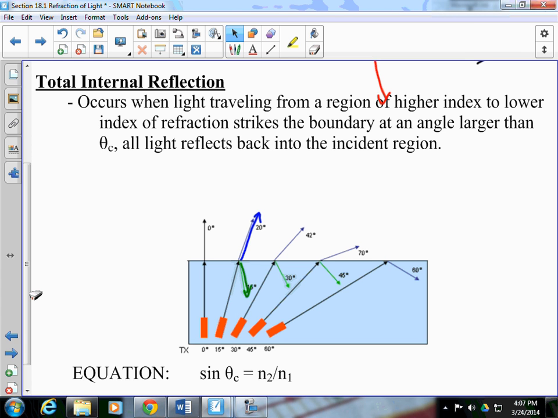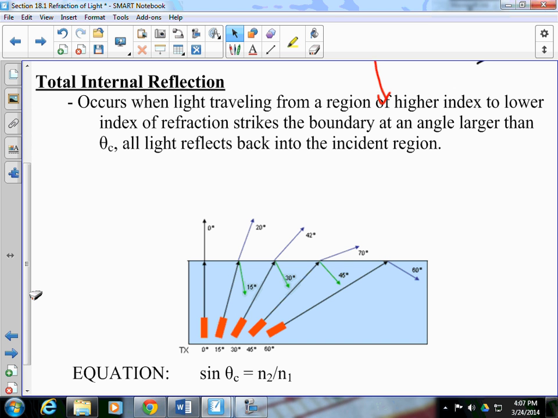Well, what happens is, if that angle becomes greater and greater and greater, we have no refraction at all and all reflection, and that's how we get total internal reflection. As you see, as we go down from 0 to 30 degrees, our refraction angle is 42.